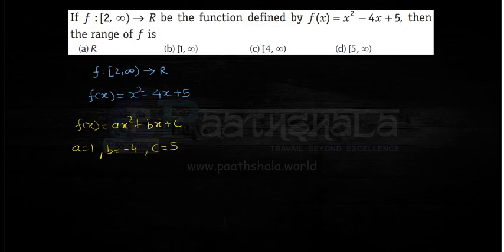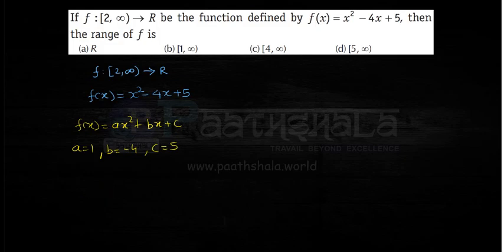A quadratic function typically produces a parabola when graphed. Since the coefficient of x square here is plus 1, it means that this parabola opens upwards. It will be like this. So this parabola will open upwards.